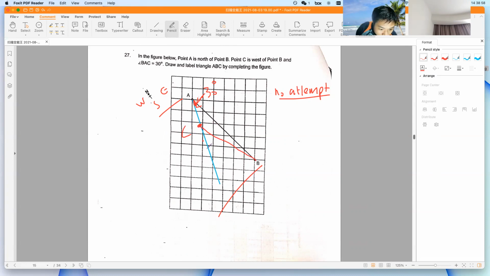So basically, for this question, there is no fixed answer. Okay, you get it? For this question, there is no fixed answer.